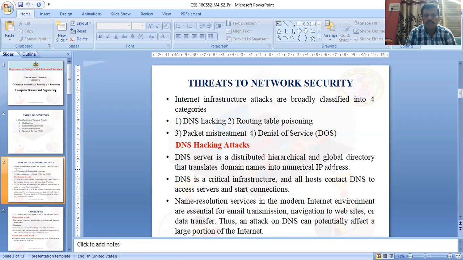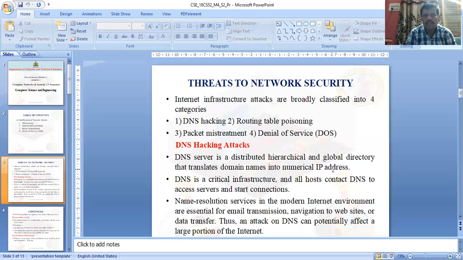Name resolution services in the modern internet environment are essential for email transmission, navigation of websites, and data transfer. Thus, an attack on DNS can potentially affect a large portion of the internet. As name resolution services are provided by the DNS server, domain names are converted into numerical IP addresses registered under the particular DNS server.